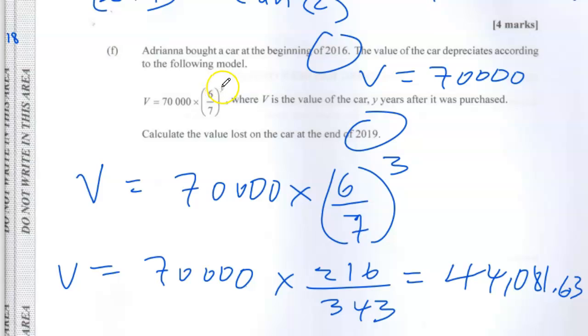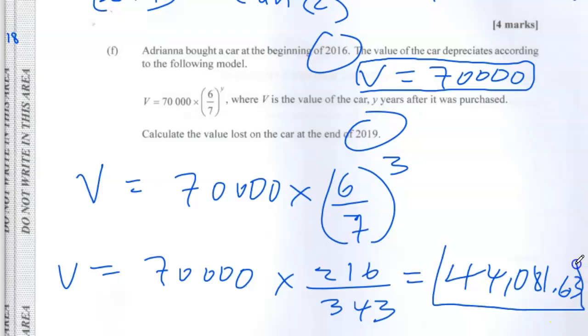And 6 over 7 to the power of 0, any non-zero number to the power of 0 is 1. So it will be 70,000 times 1. So the original value of the car is 70,000. And after 3 years, that's up to 2019, this is a new value. Alright, so the value fell from 70,000 to 44,000.